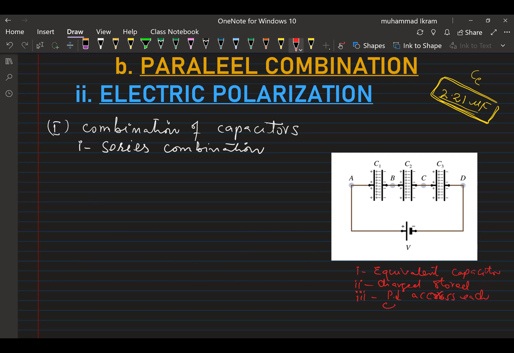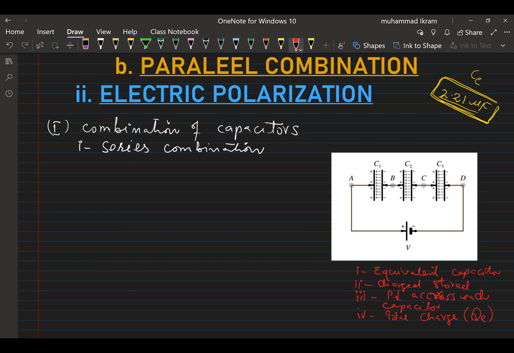We will look for this too, right? And the total charge supplied by the battery also, the Q equivalent. As we have the equivalent capacitance, we have the total charge supplied by the battery, the Q equivalent. So we will look at how we can get these sorts of combinations, right?